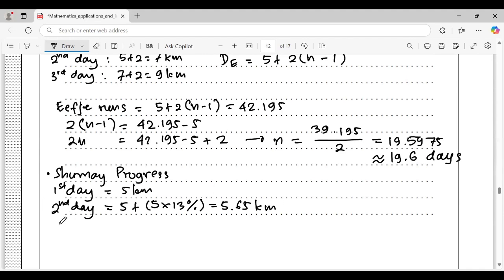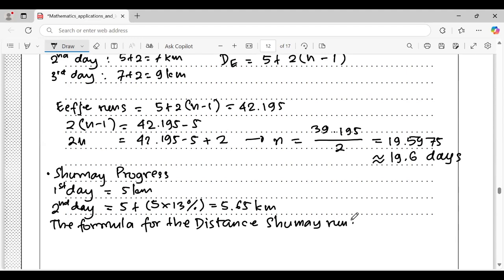And the formula for the distance Shumei runs on the nth day.